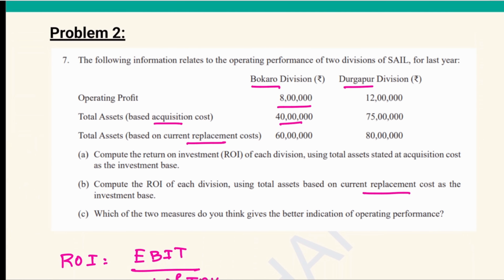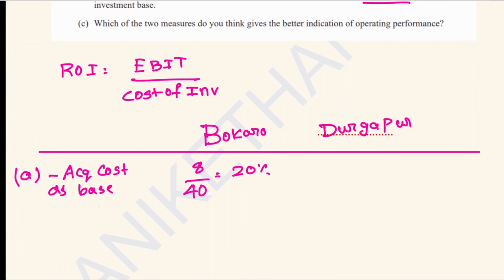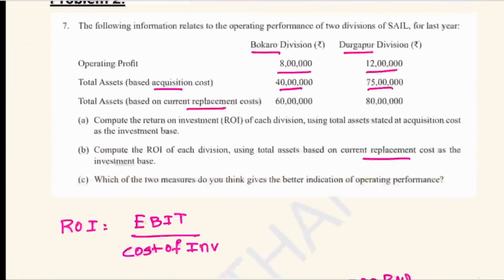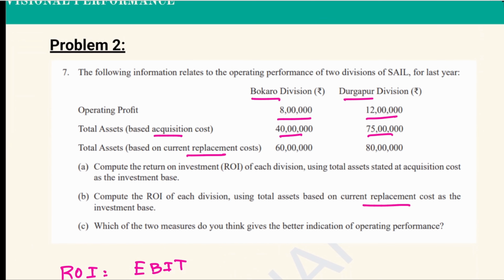Then you have 12 over 75, which is equal to 16%. Similarly, B, replacement cost as base. Now the numerator will not change, only the denominator will change.